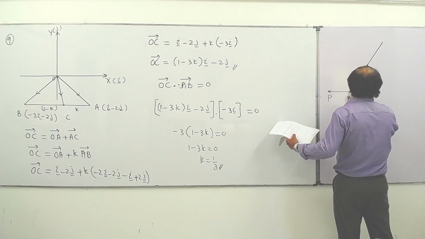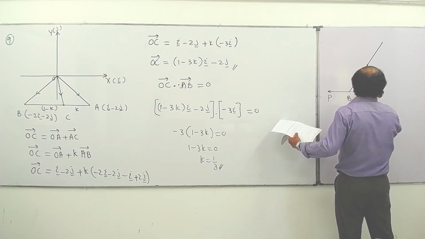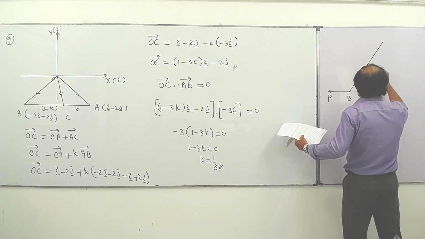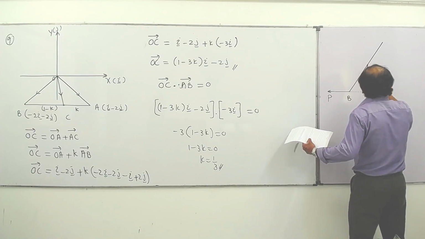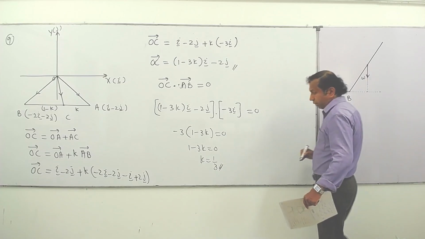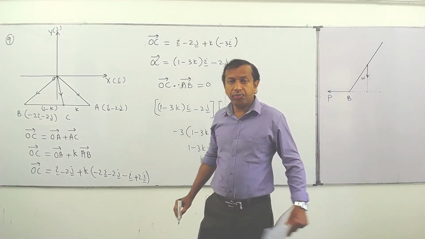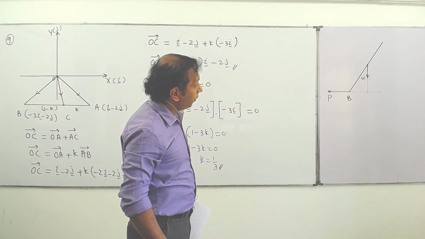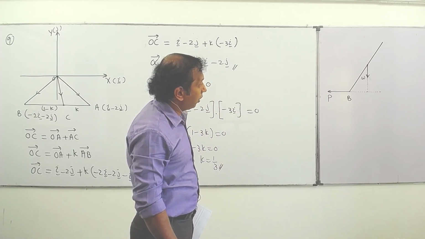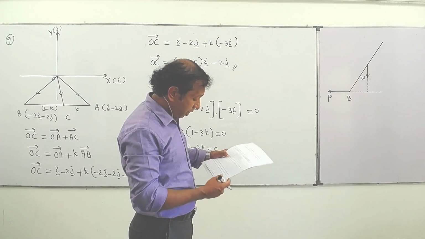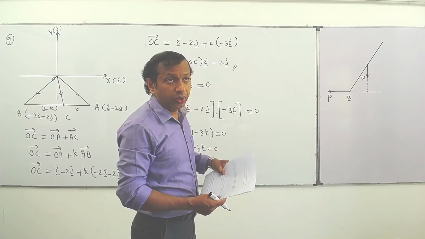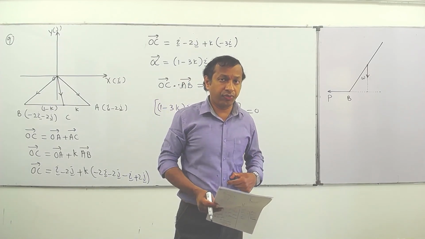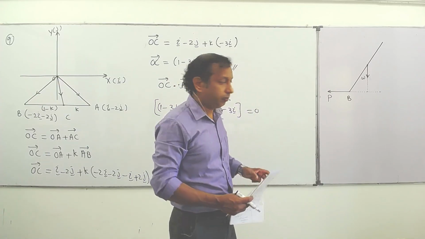Right. Then I can produce the line of action of P like this, the line of action of weight like this. This rod is in equilibrium under the action of three forces, people. One is P, the other one is W, the other one is the reaction at A. Whenever any object is in equilibrium under the action of three forces, the three forces must meet at a point.